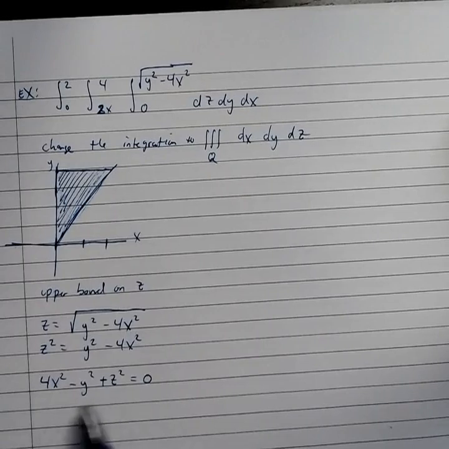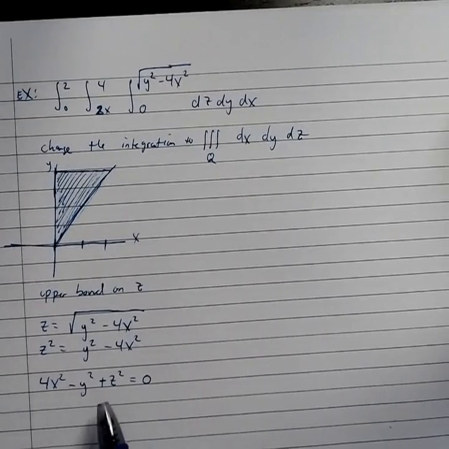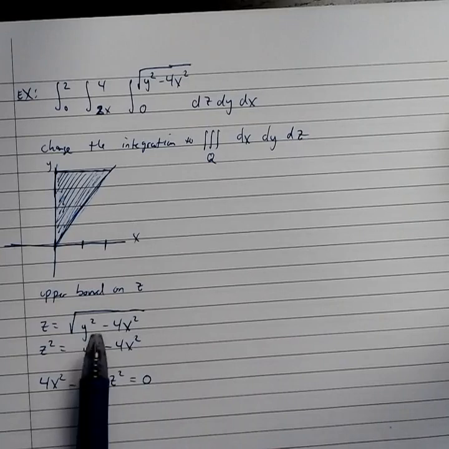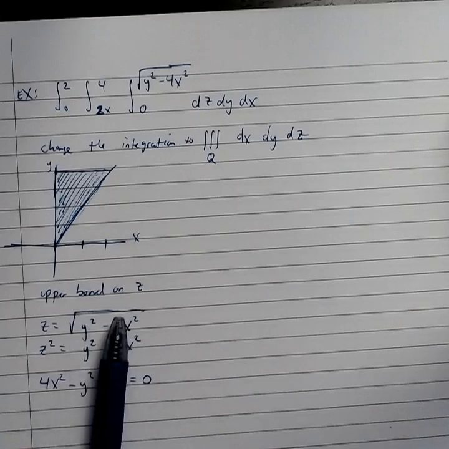That almost looks like a sphere, doesn't it? But not quite because of that minus. Also, a sphere would have a radius, so it wouldn't just be 0 there. Note what happens if you consider its traces. If you take the xy trace, that's z equal to 0. Well, if that's equal to 0, you can pass the y squared to the other side. That's going to give you 4x squared is equal to y squared.